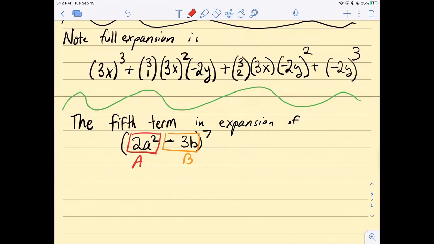What does the fifth term actually look like? How many a's and how many b's are in the fifth term? And remember, the first term is just going to be a to the fifth. So then how many a's and b's will be in the fifth term?